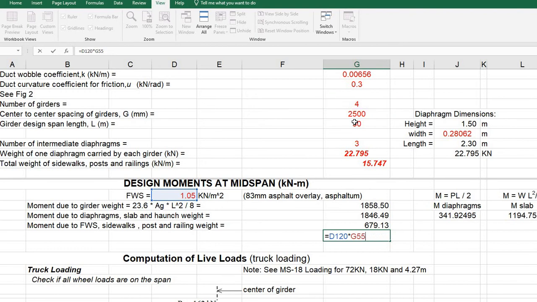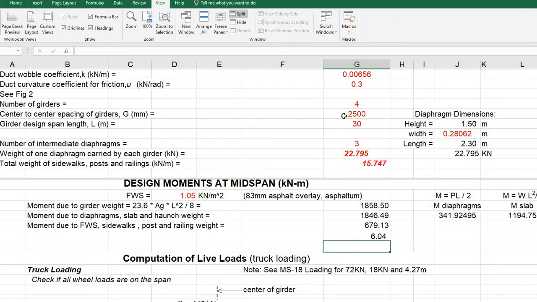Isali na natin ngayon yung post and railing tsaka yung sidewalk, which is yung 15.747. Ayan. Sidewalk, post, and railings. Okay? So, next, i-distribute na natin yan sa 4 na girders. Number of girders, ayan, 4.